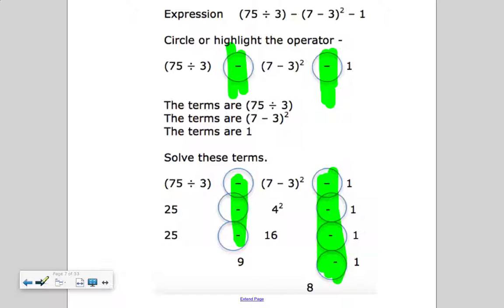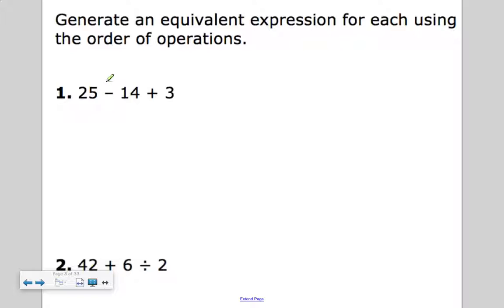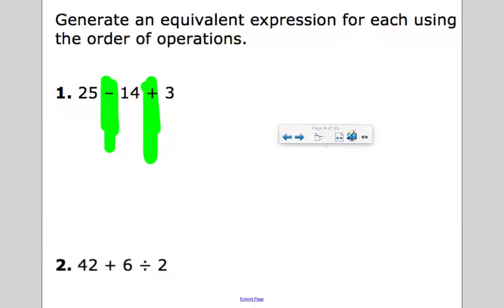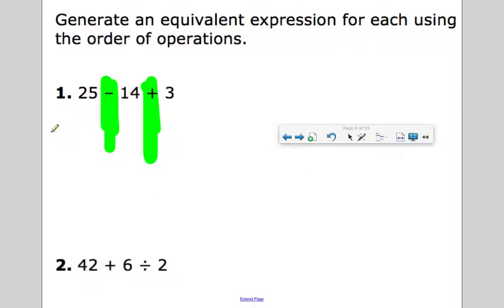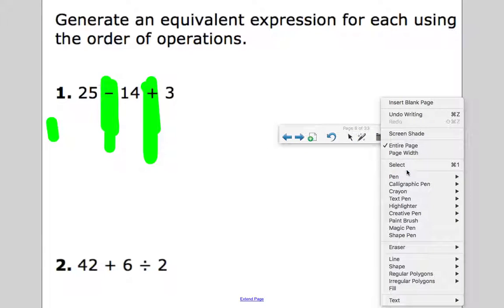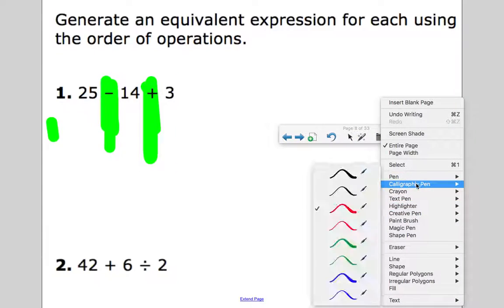So let's practice some of these. Highlight or circle the addition and subtraction operators. Let's get out a highlighter again.